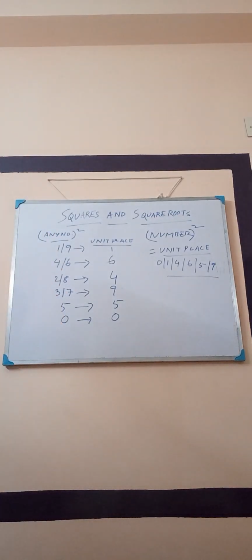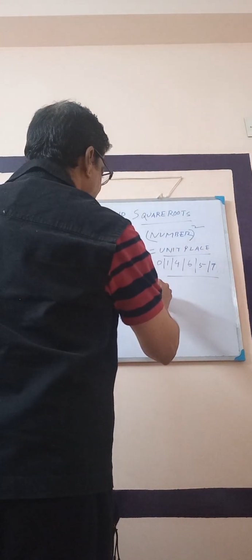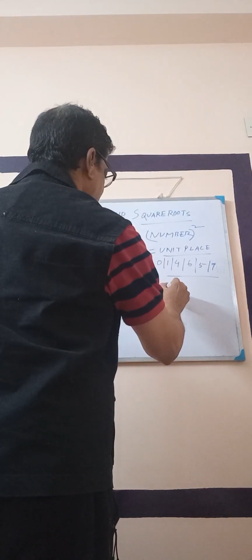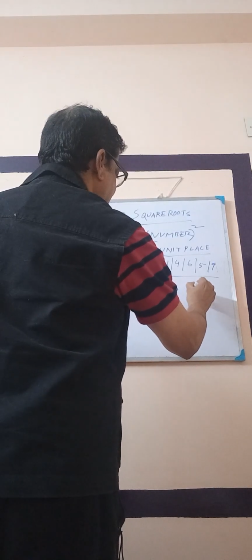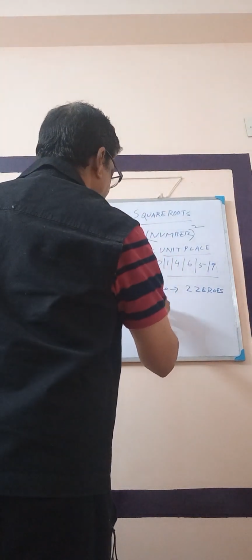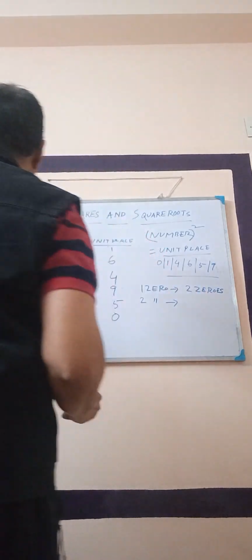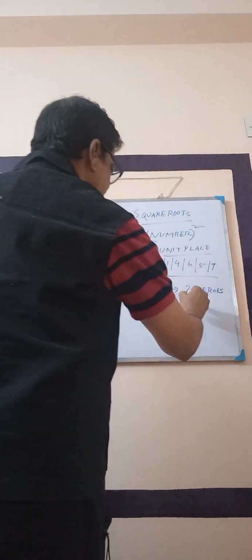Now another concept is, if I have 1 zero in a particular number and I square it, then I will get 2 zeros. If I have 2 zeros in a number and I square it, how much will I get? I will get 4 zeros.